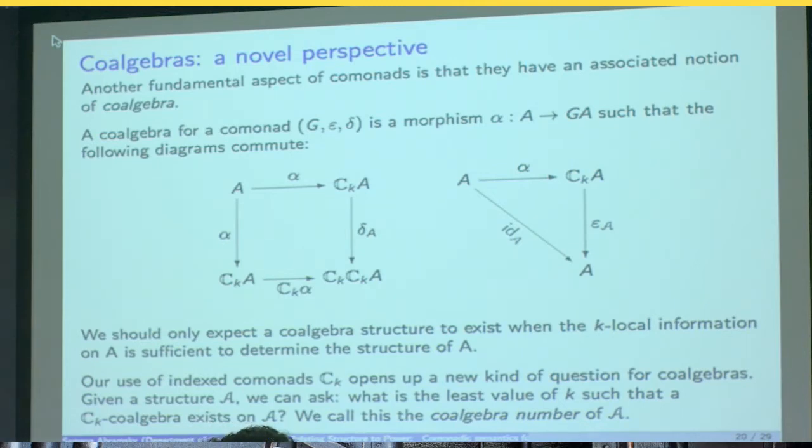What's the least number of colors I need to color a graph, and so on and so forth. So given a structure, we can ask what's the least value of k such that a C_k coalgebra exists on A. Okay, that makes sense. And we can call that the coalgebra number of A.